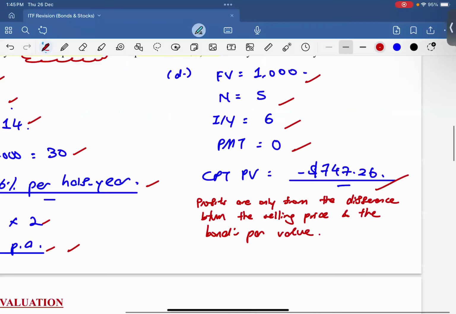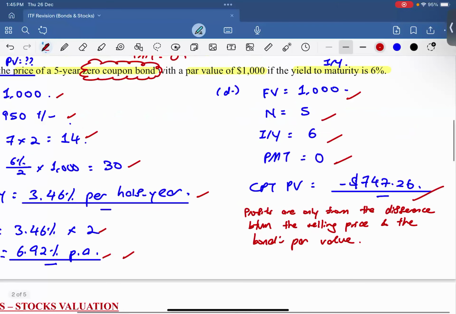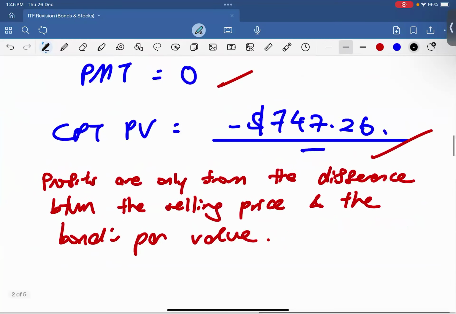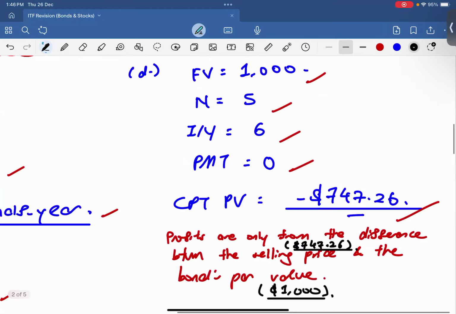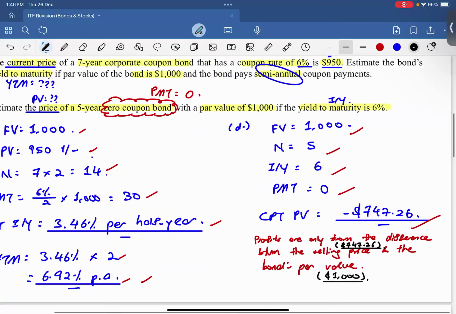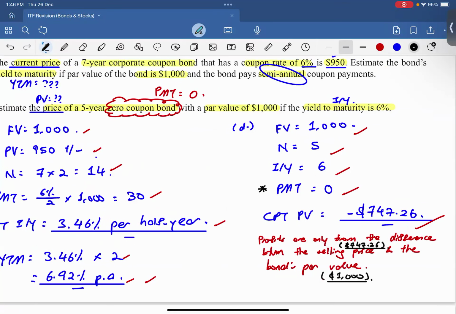So meaning to say, the price is 747.26 and the par value is 1,000. Let's say you buy the bond at this price, 747.26. At the end, you get this par value. So in between, you make the gains, you make the profits. Because for this question, your PMT is 0. You do not receive anything in between.